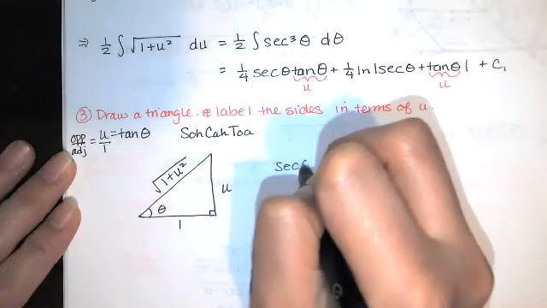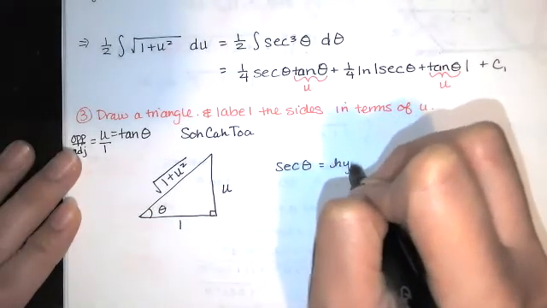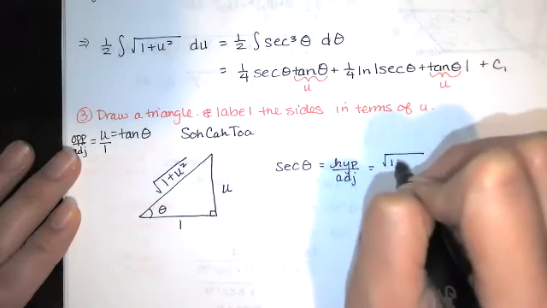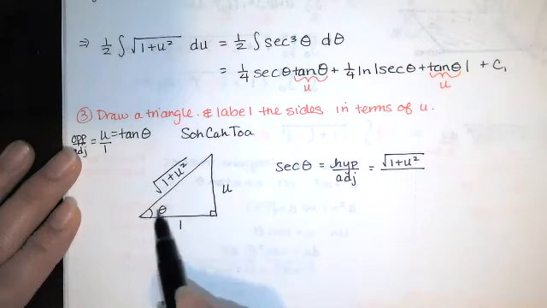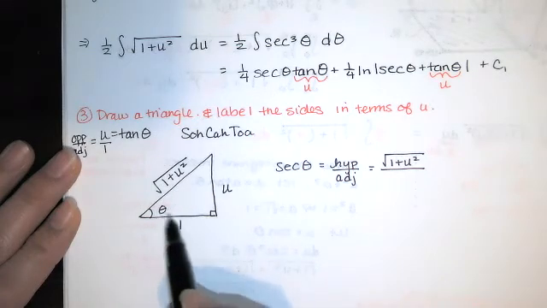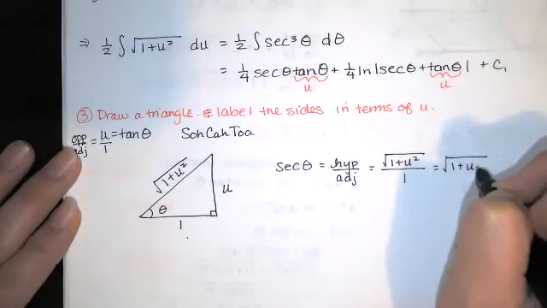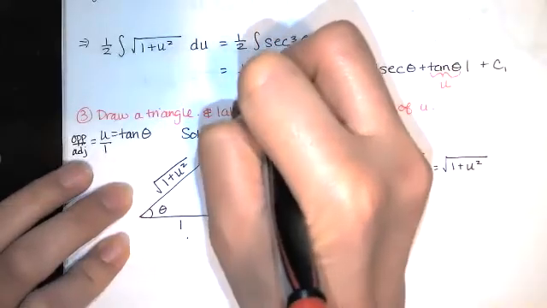Well, if this is our triangle, secant of theta, remember that's 1 over cosine, or the hypotenuse over the adjacent side. It's going to be the square root of 1 plus u squared over 1. That's the hypotenuse over the adjacent side that's next to theta, but not the hypotenuse, it's the other one. That's 1. So secant turns out to be the square root of 1 plus u squared in terms of u.